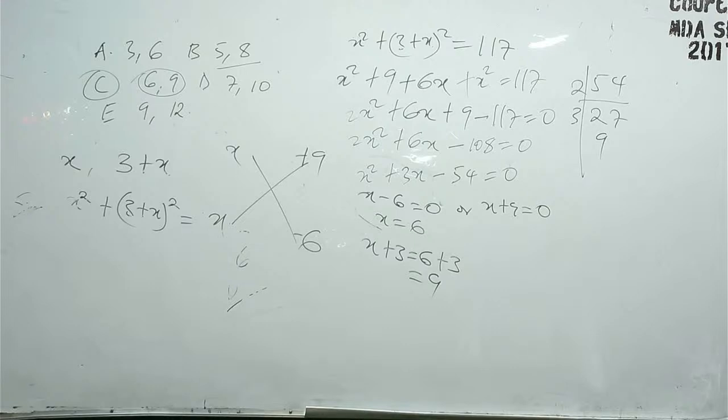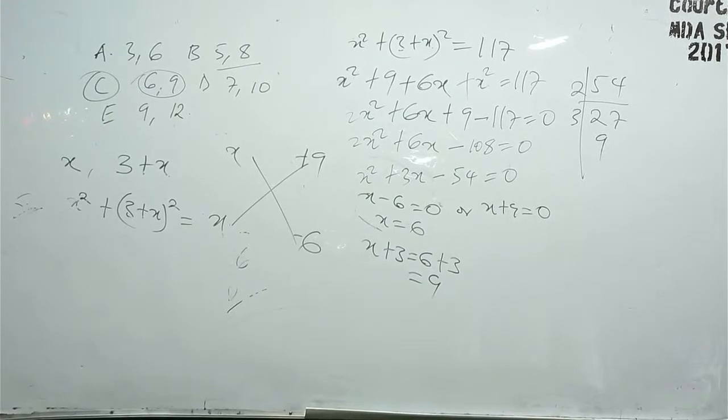Are you with me? We are still going to be solving more problems that have to do with quadratic word problems. And I believe that before you leave this place, you will learn something. Are you with me? Good. Let's go. Okay. Let's see this one.